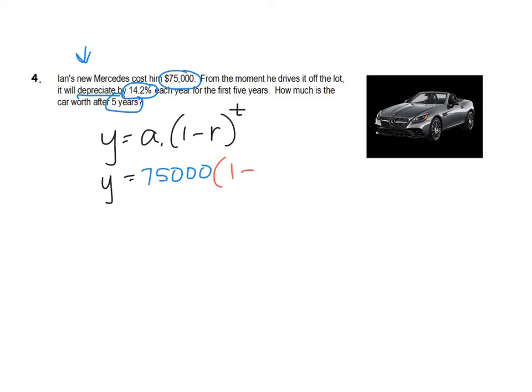Divide that by 100, I get 0.142 raised to the time, the t power, which is 5 years. All right, I'm going to rewrite that as 75,000. I'm going to do the math inside the parentheses. That gives me 0.858 raised to the 5th power. And at this point, I can put it in my calculator.